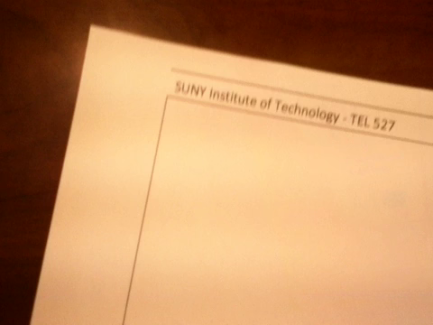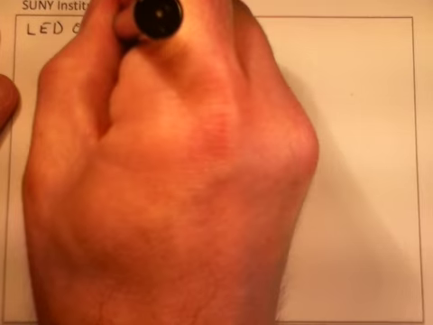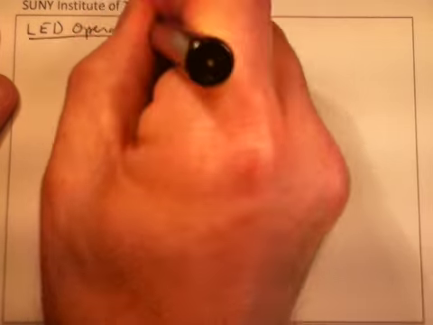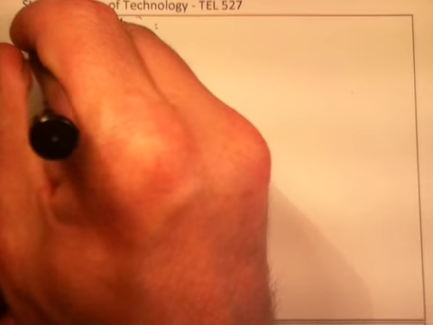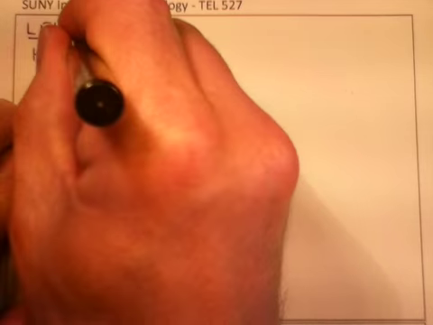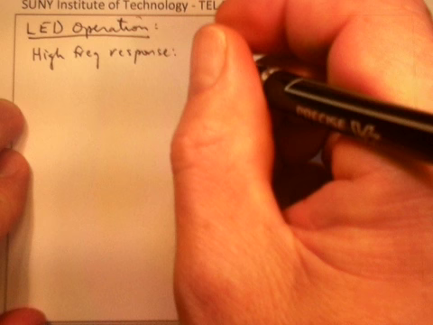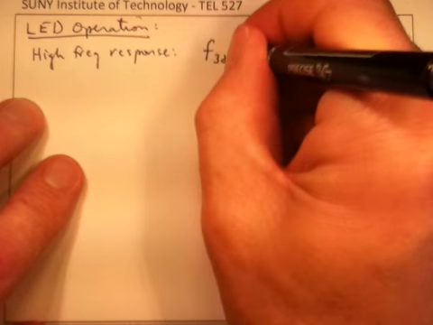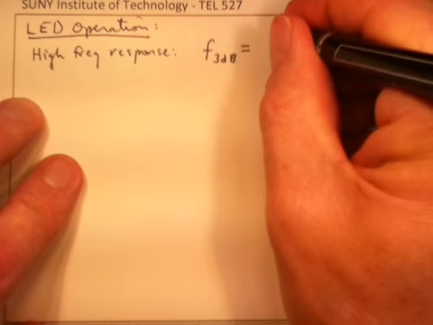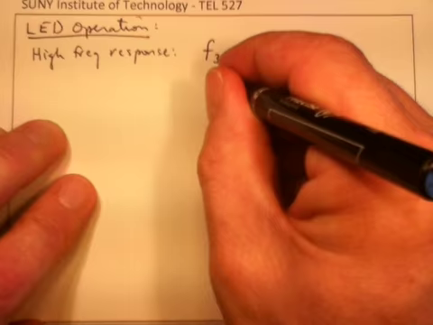So what we're going to see is that the high frequency response gives rise to a 3 dB bandwidth that is 1 over 2 pi tau, where tau is the carrier lifetime.